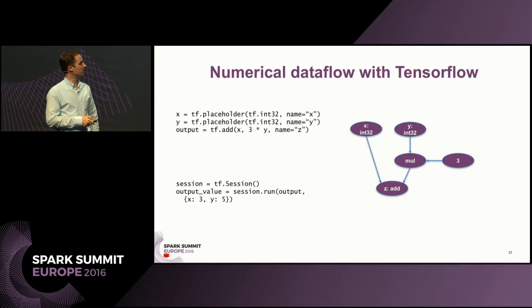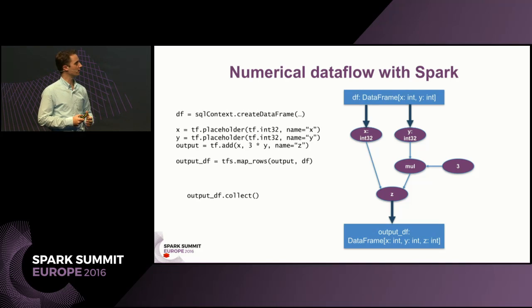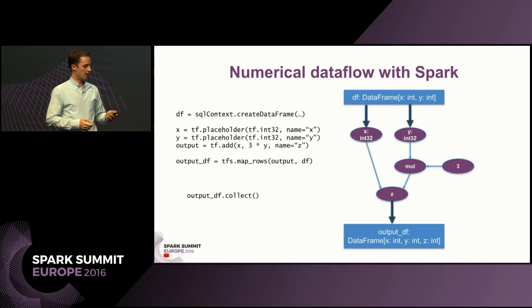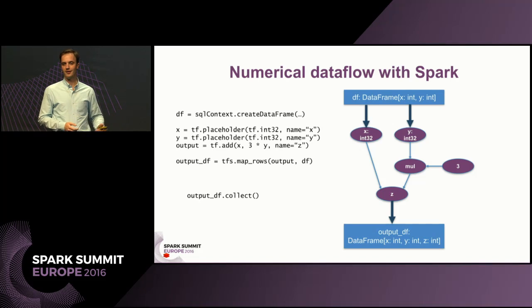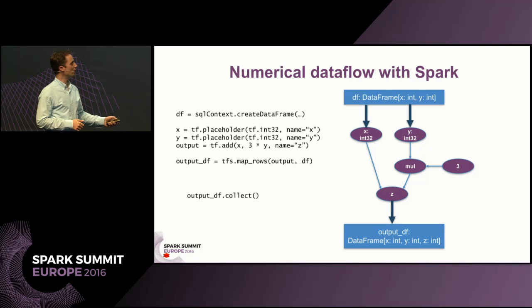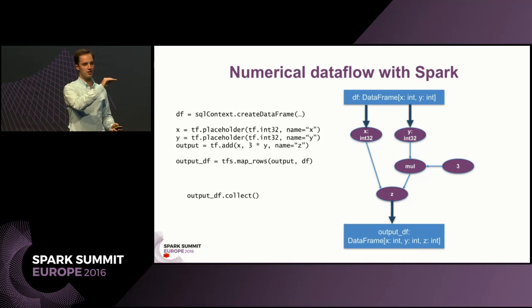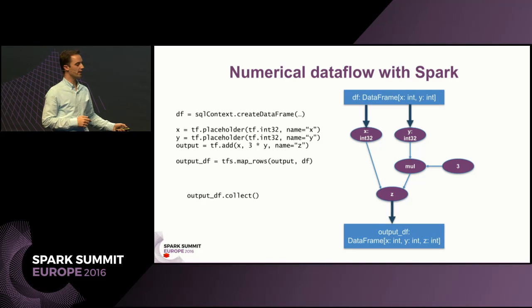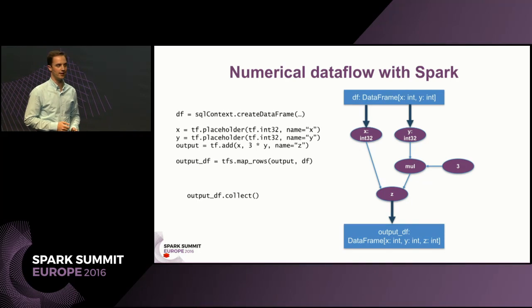Because when you think about it, you can take a data frame from Spark and consider columns of the data frames, for example, x and y here, as inputs. So each of the rows can be considered as an input of your data. You can run this computation for each of the rows and generate new data on the data frame out of it.